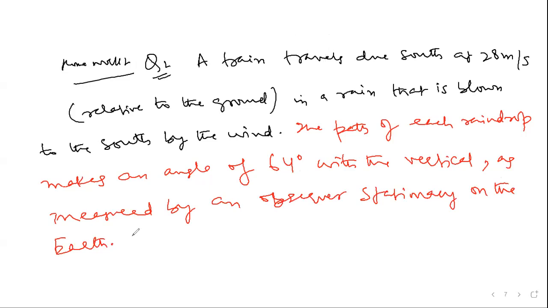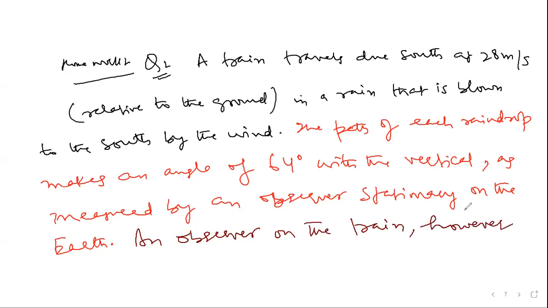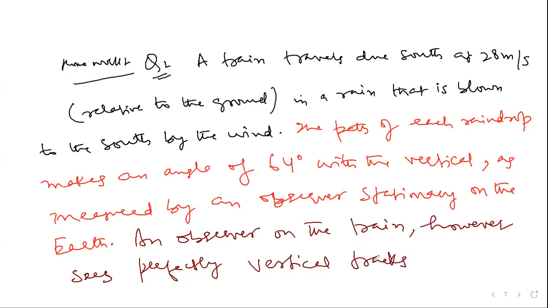An observer on the train, however, sees perfectly vertical tracks of rain on the window pane.